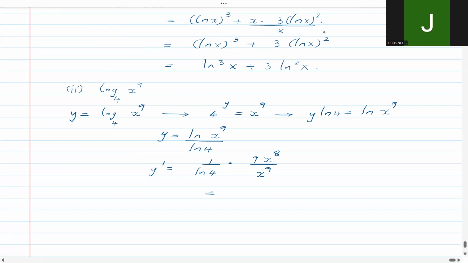So resulting in 1 over natural log of 4 multiplied by 9 over x. Combining, we have 9 divided by x natural log of 4.